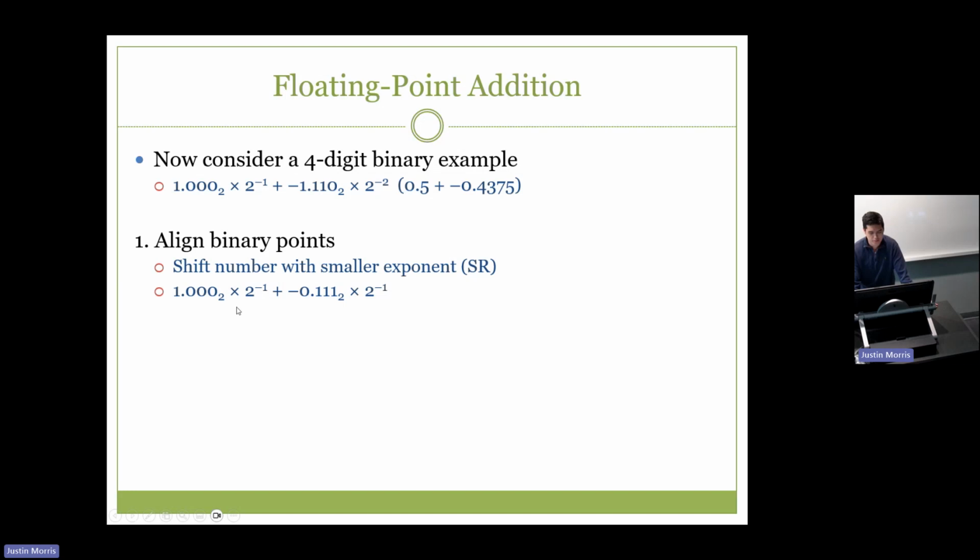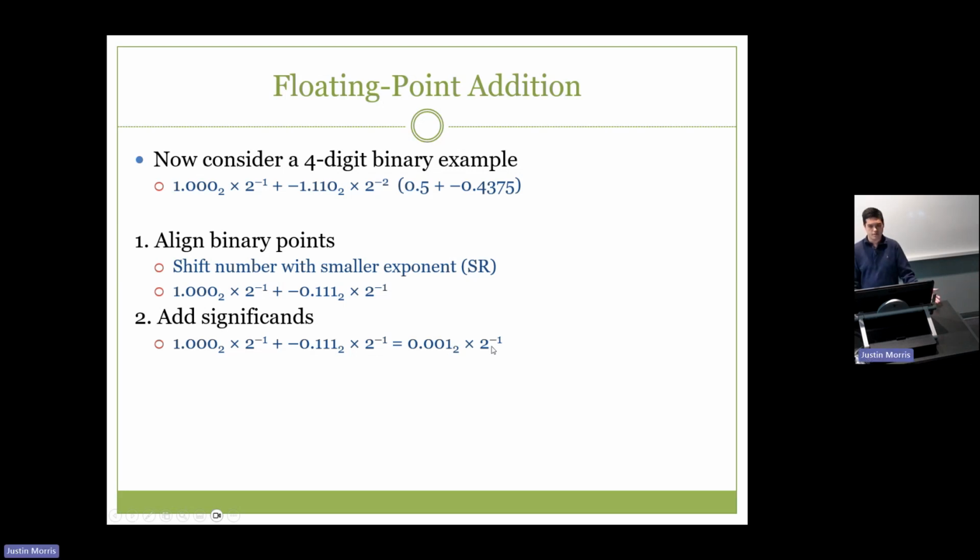And when they have matching exponents, we can again just add the significands. In this case, it turns into a subtraction. We know how to do this from previous lectures. So we would end up with 0.001 times 2 to the -1.